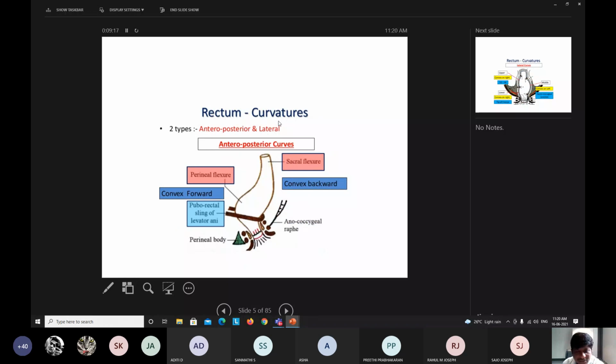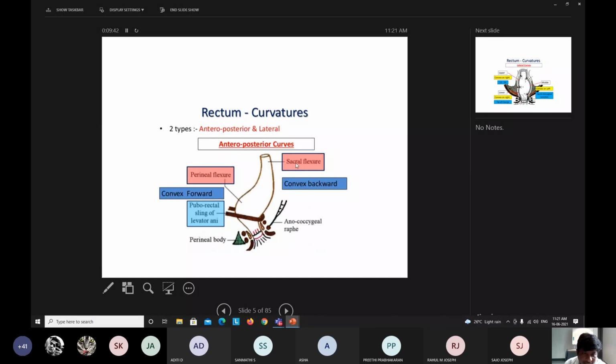There are very important curvatures of the rectum. There are two types of curvatures, anteroposterior and lateral. Among the anteroposterior curvatures, here is the sacral curvature, which is posterior, convex backward.